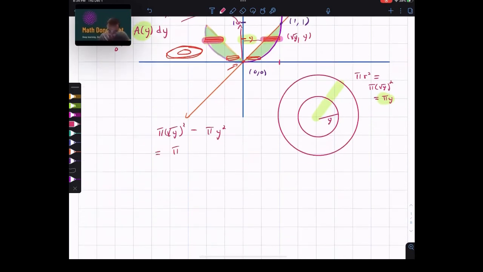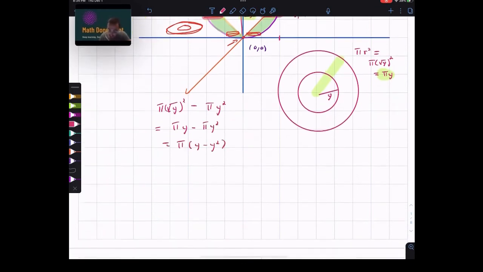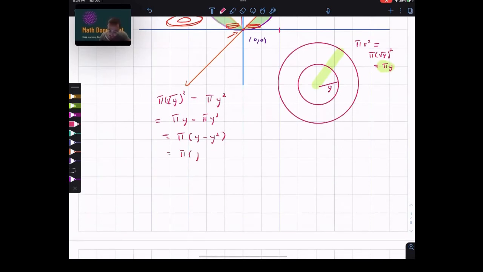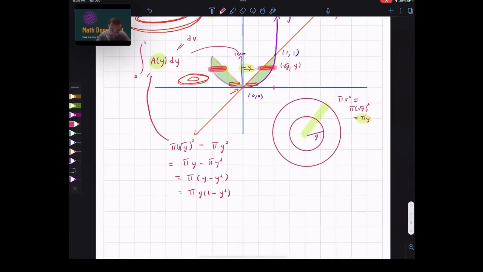I get pi times y minus pi times y squared. I can factor out the pi, and I get y minus y squared, or pi times y times 1 minus y squared, however I want to do this. Okay, that is my area as a function of y.